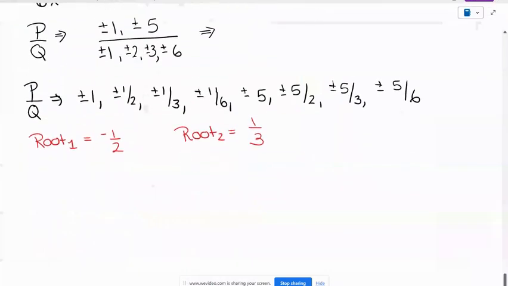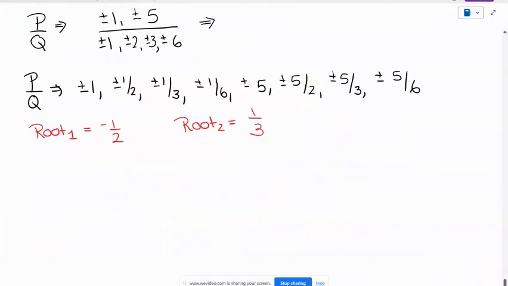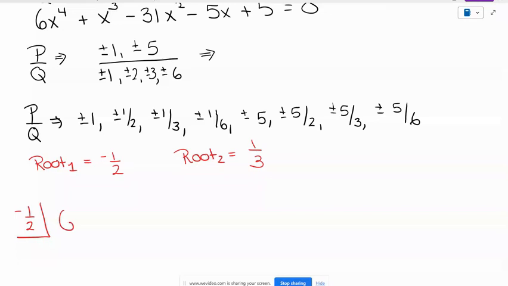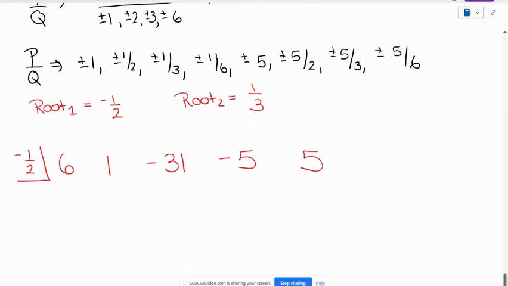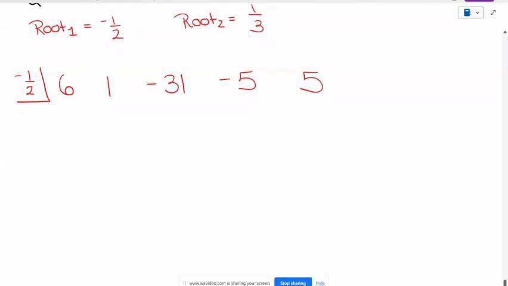Okay, so now how do we do this? I'm going to take my first root, which is -1/2, put it in the box, and now we're going to take all of our coefficients, 6, 1, -31, -5, and 5. We're going to bring that 6 down.